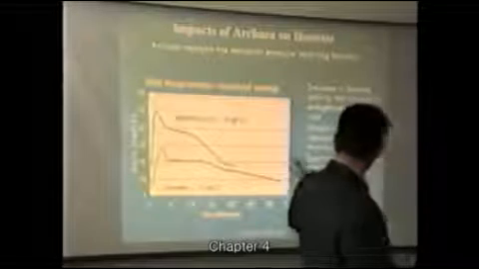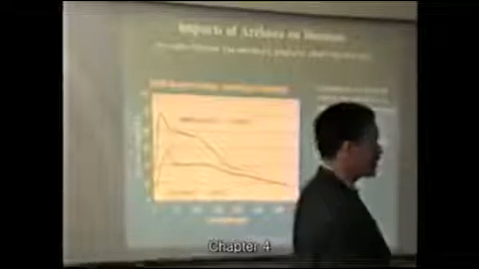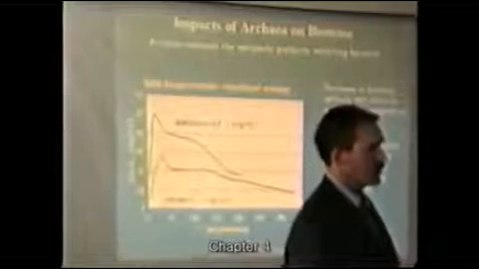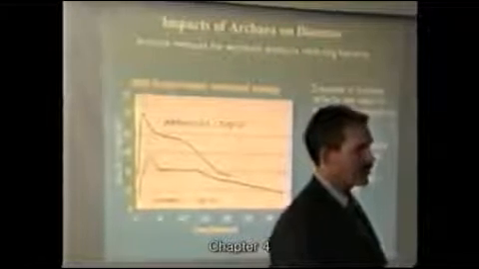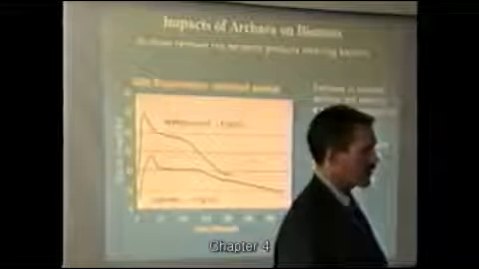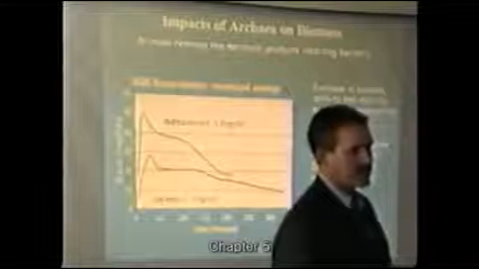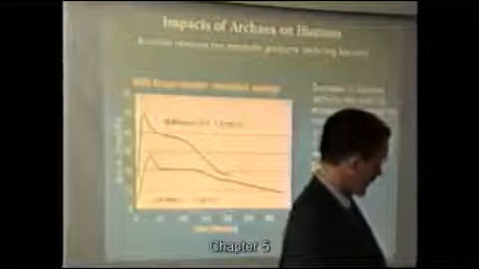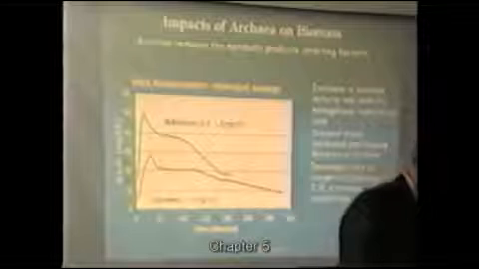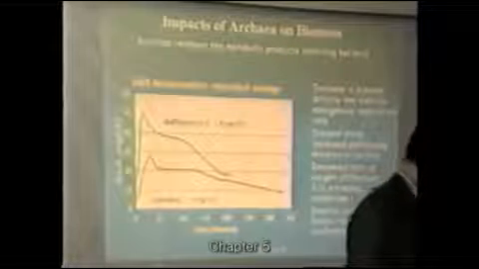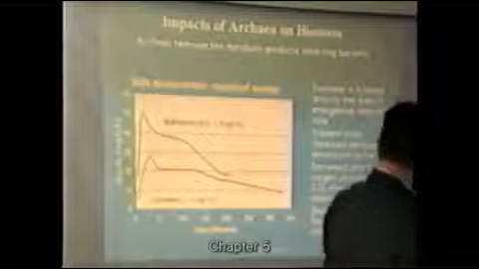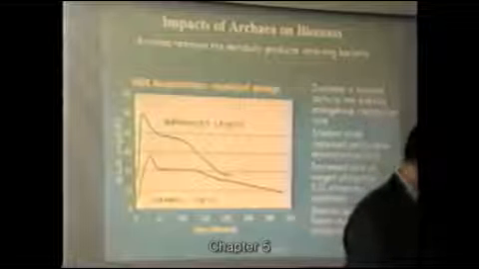Ours was operated between 0.5 and 1.5, which we would consider as being stressed. Anything under 2 milligrams per liter dissolved oxygen, you have a problem, especially with nitrification. Okay, and then the shorter cycle time, so we can do the same job in a smaller reactor.